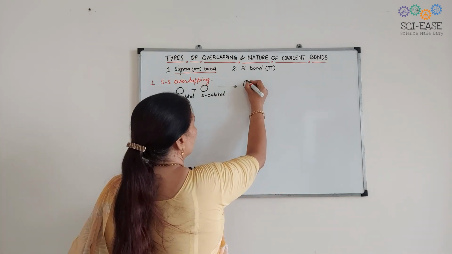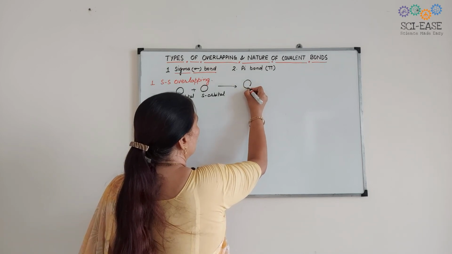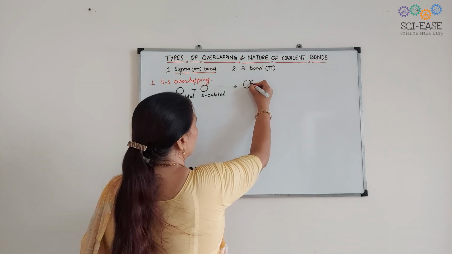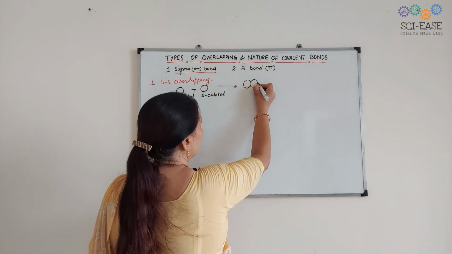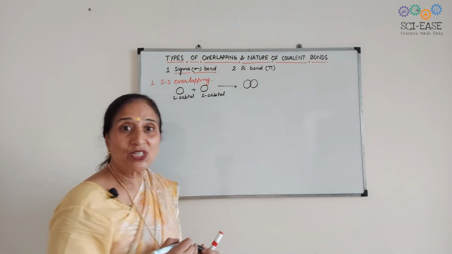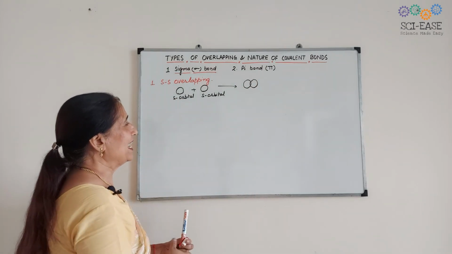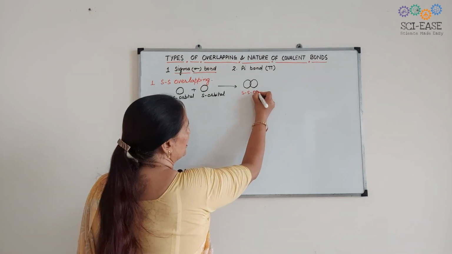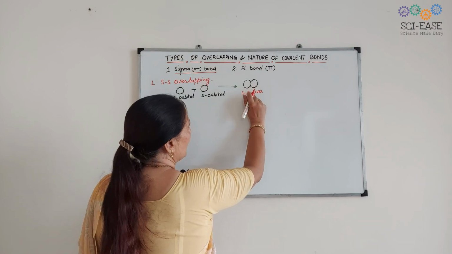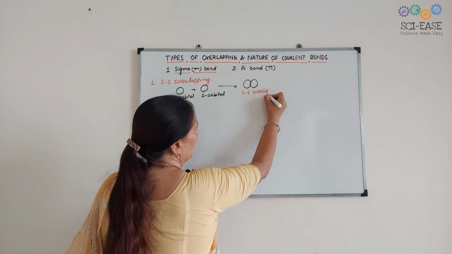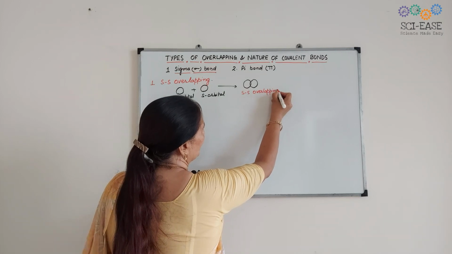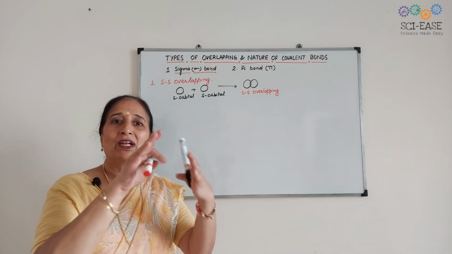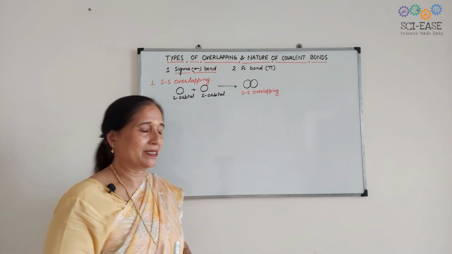So there is head-on overlapping of the two s orbitals, and this will result in SS overlapping. So the first type of overlapping in case of sigma bond is SS overlapping, where the two s orbitals overlap end to end.